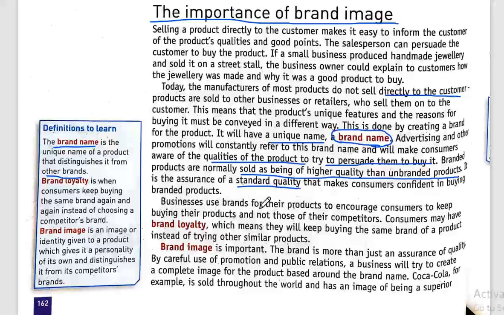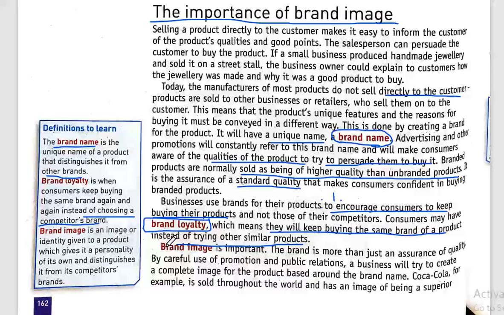So businesses use brand names for their products. Why? Number one, to encourage consumers to keep buying their products and not from competitors. Consumers may have something called brand loyalty, which is when they keep on buying from the same brand over and over instead of buying similar products from competitors.